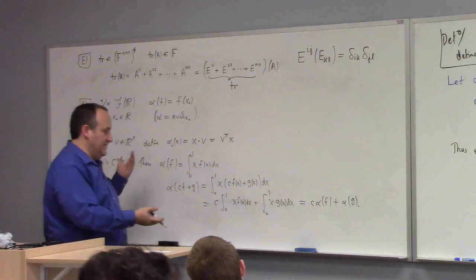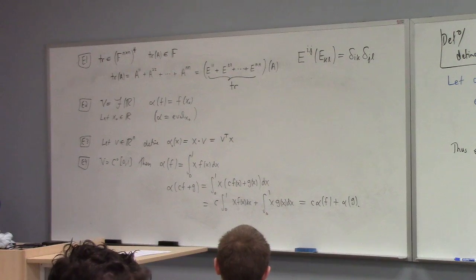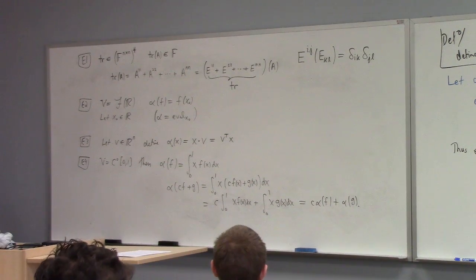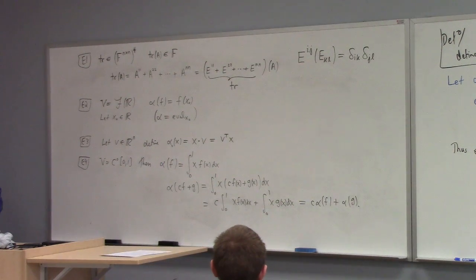That holds for all f and g. Therefore, alpha is a linear map on the continuous functions of the unit interval. So this is a linear functional. Definite integrals define linear functionals.